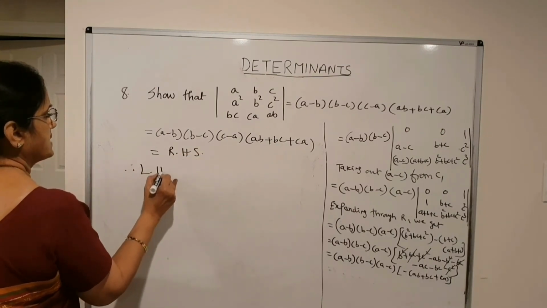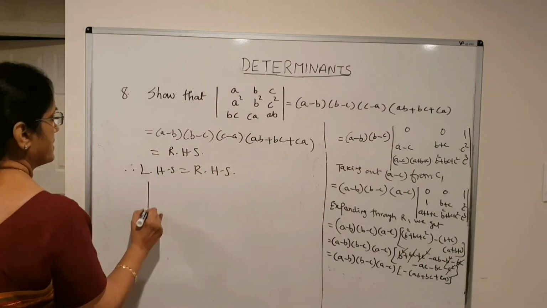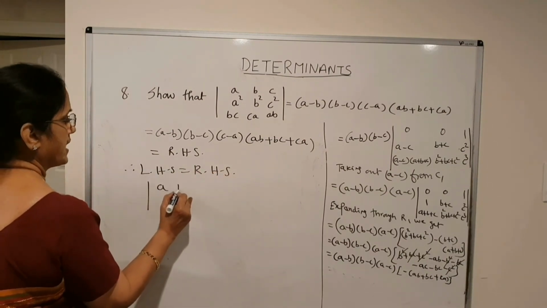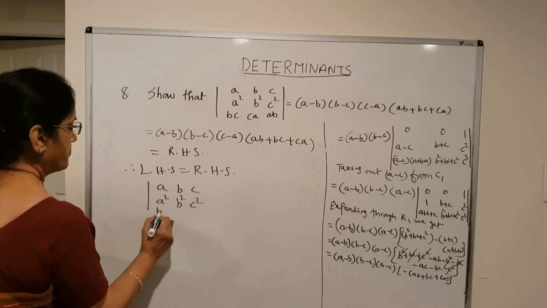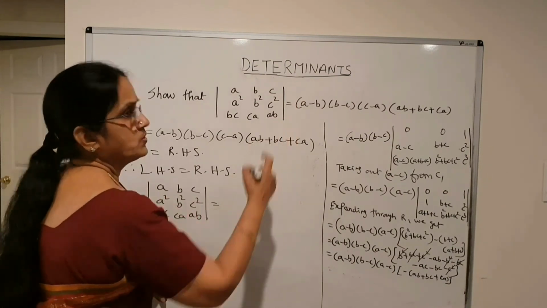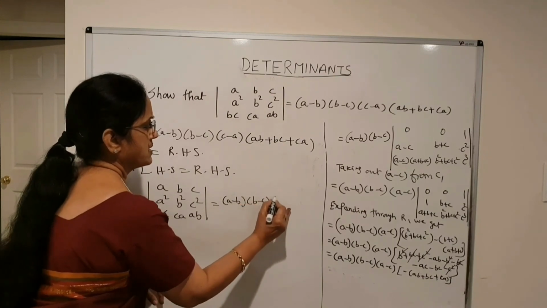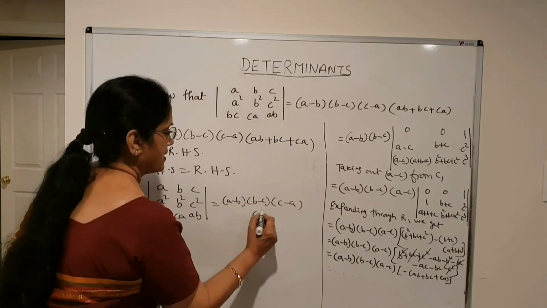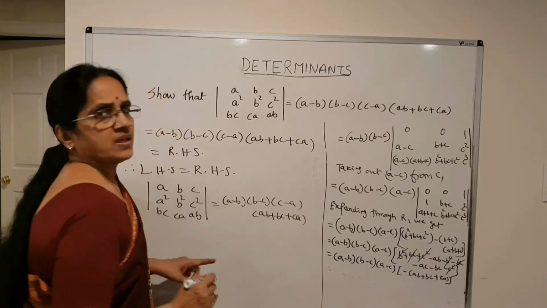Therefore, LHS equal to RHS, that is determinant ABC, a square, b square, c square, bc, ca, ab, is equal to A minus B into B minus C into C minus A into AB plus BC plus CA.